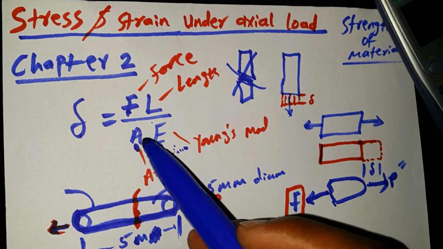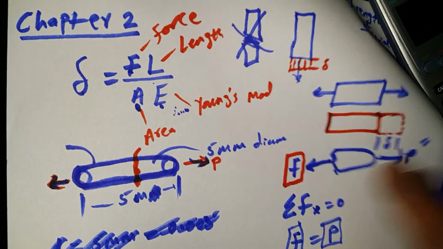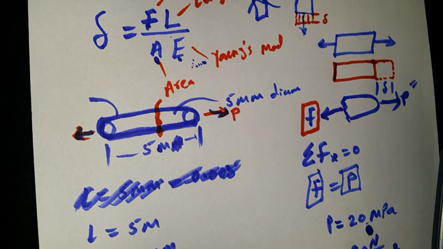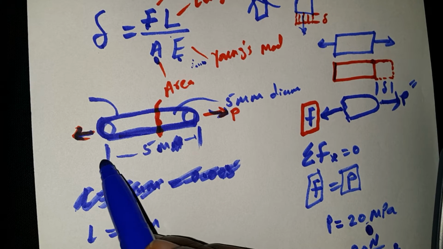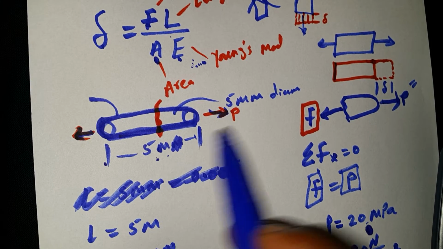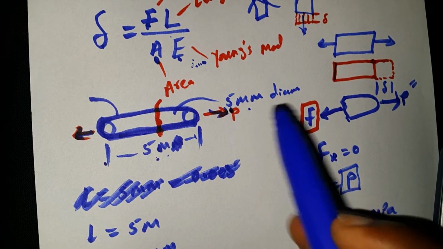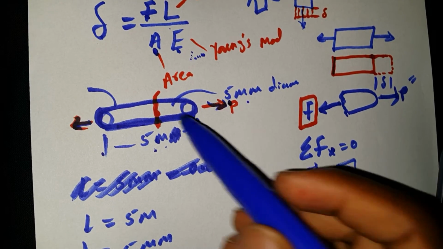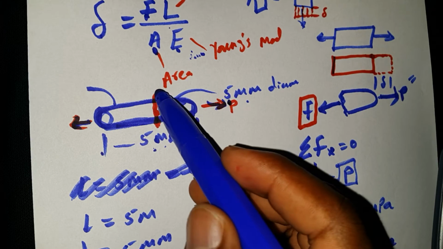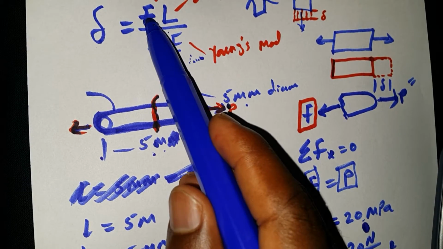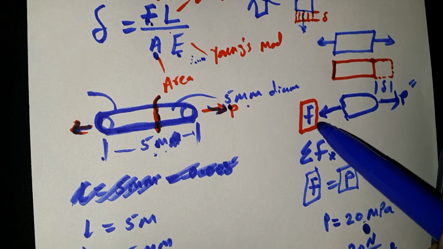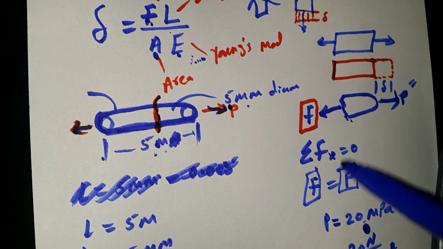So we derived a formula, then tried to solve one example. We are given this cylindrical member with length 5 meters and a diameter of 5 millimeters. So the first thing you must do is cut it to find the force. When you cut it, you find the force.